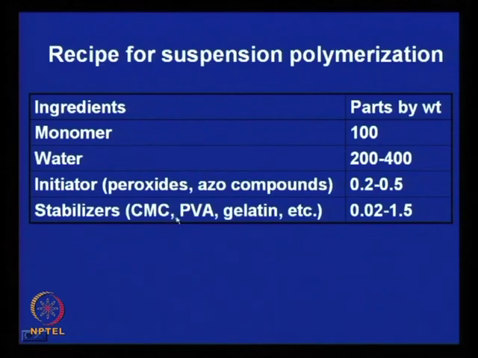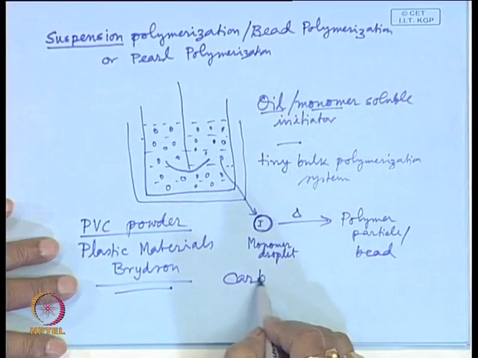Carboxymethyl cellulose is water soluble, polyvinyl alcohol is water soluble, and gelatin is a polymer obtained from animals, which is also water soluble. These polymers help stabilization of the suspended droplets in the aqueous phase. So, what is CMC? Carboxymethyl cellulose.